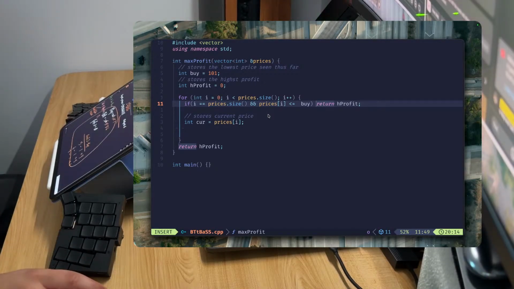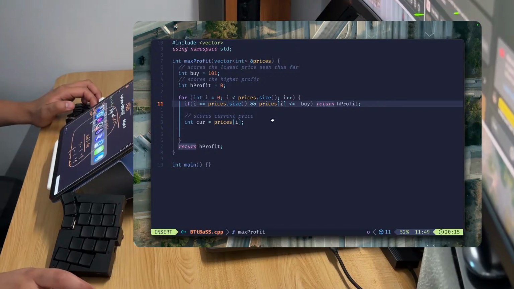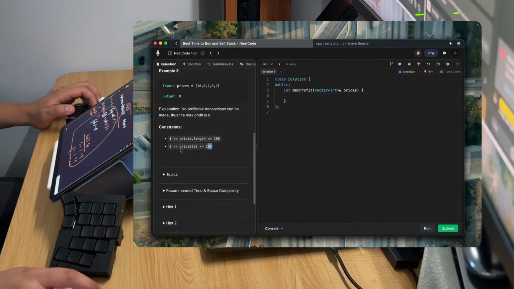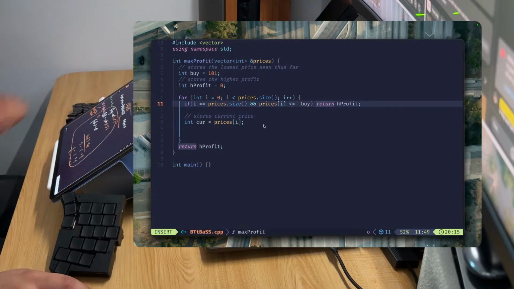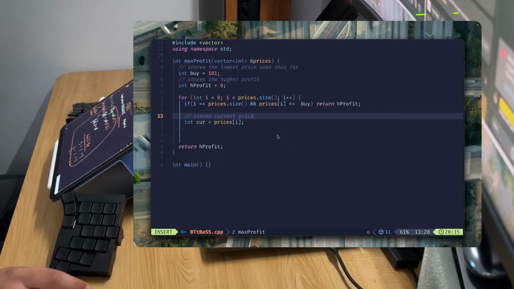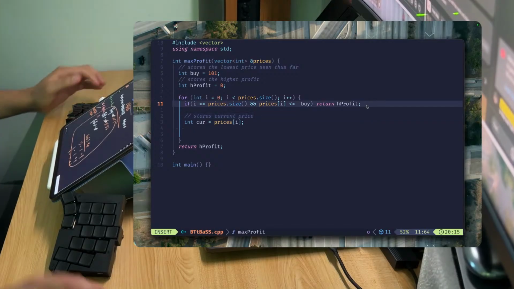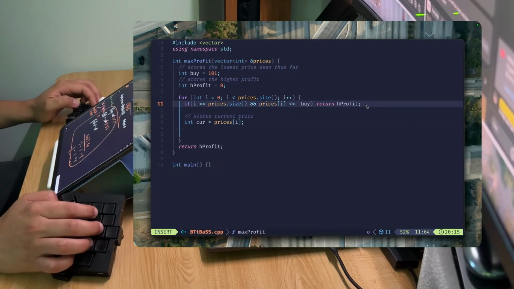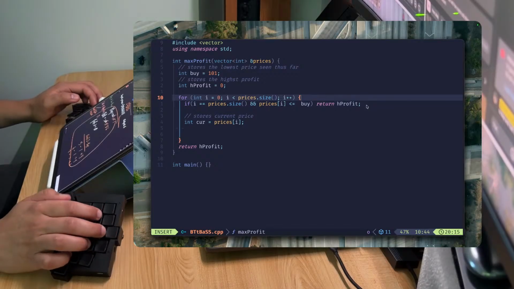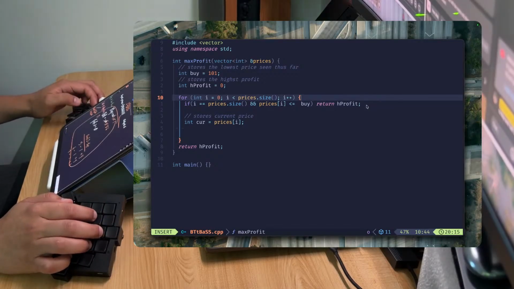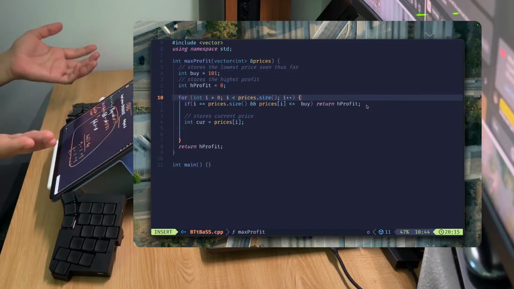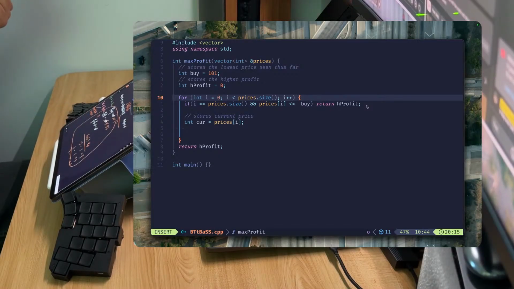I think we also know that the prices are never going to be negative. Yeah, the prices are going to be from 0 to 100. So there's never going to be a negative buy price. So I think this works. Like let's say our buy was 2, and then the last value in the prices vector was, let's say, 1.